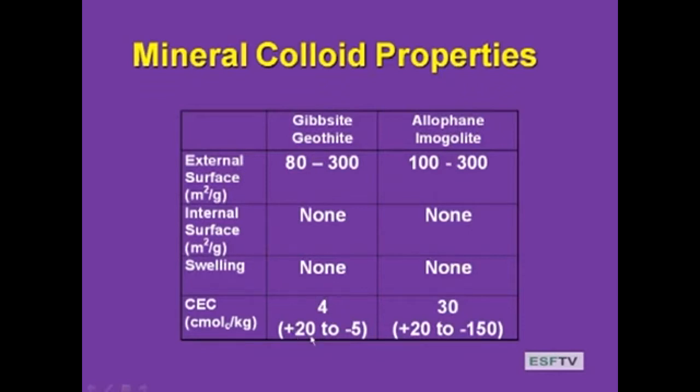I haven't talked about this yet, but as we conclude the session we'll talk about anion exchange, and this may become a little clearer. It'll also be reinforced when we get to soil chemistry and talk about acidity. We go to allophane and imogolite. These are the aluminum silicates, and we have up to about 30 centimoles of charge per kilogram. Again, this wild range.